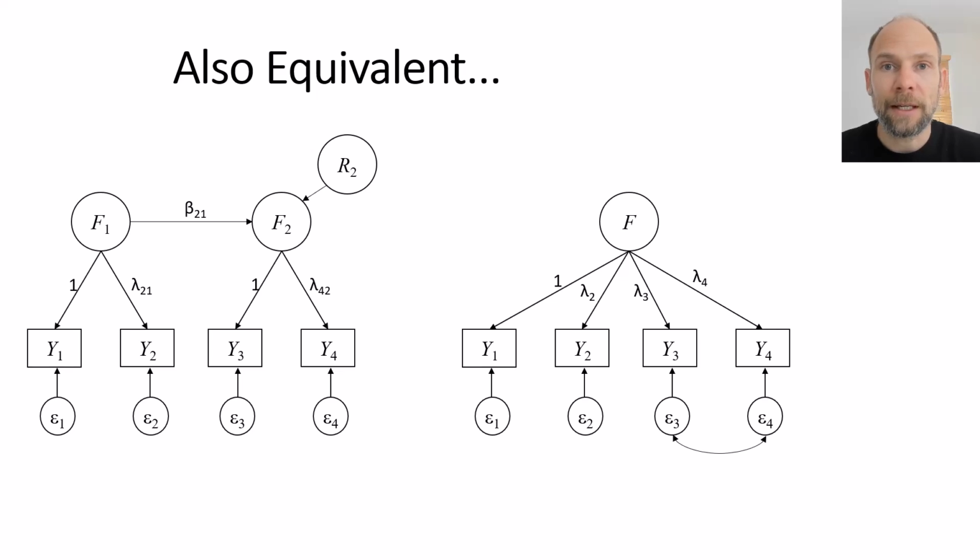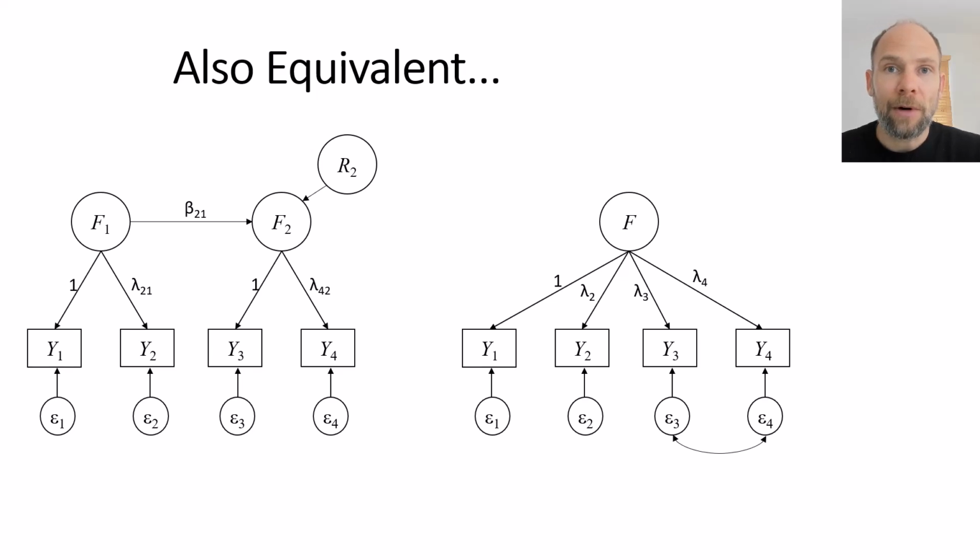So this is basically the idea here that all four variables measure a common factor, but that y3 and y4 above and beyond this factor have something in common. For example, a shared method effect, a shared item wording effect, a shared rater effect, maybe if y3 and y4 are measures that come from the same type of rating or informant.